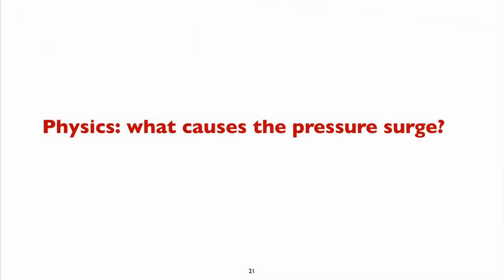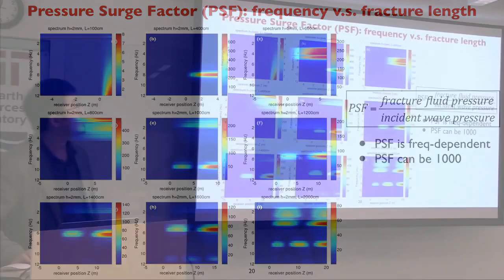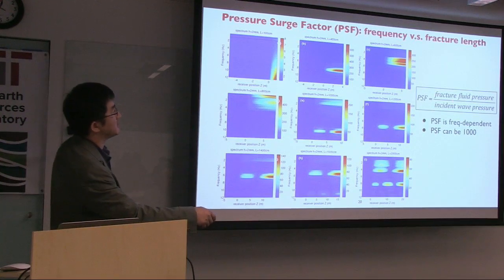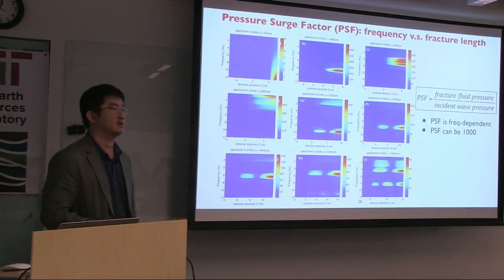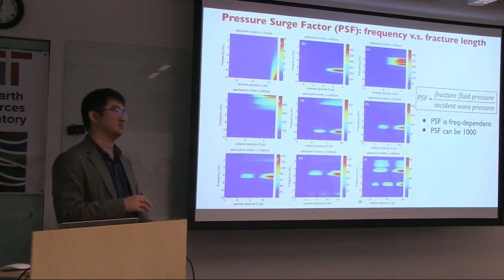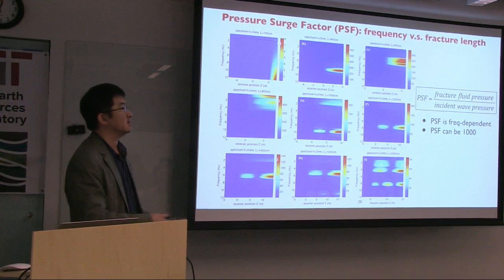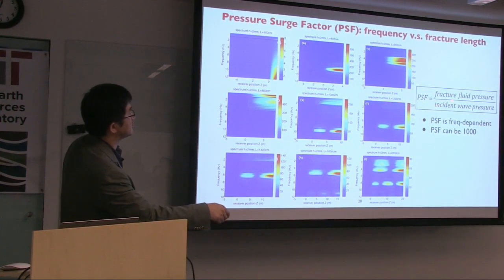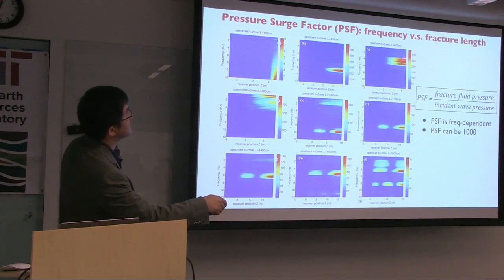Sorry, you may have to mention this, but what is the order of magnitude of the fluid pressure? Oh, these are ratios, because we are solving a linear elastic problem. It doesn't matter what the incident is. So let's assume the incident is 1, and now you have recorded the pressure in the fracture, and you do a ratio, and that's like 300 times magnification.